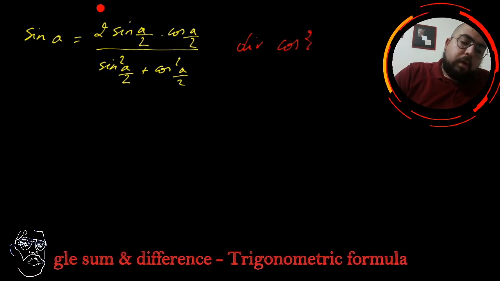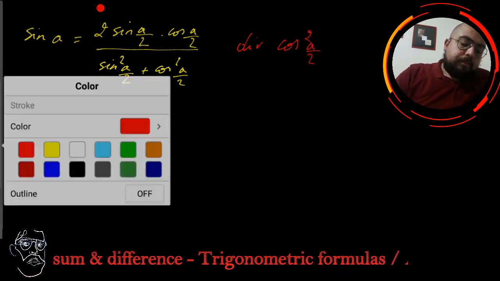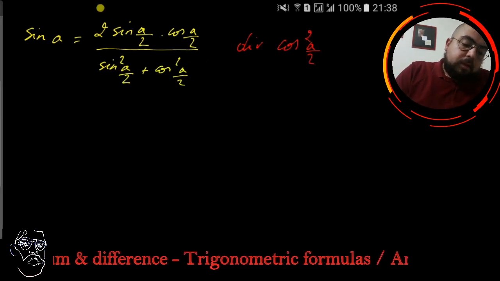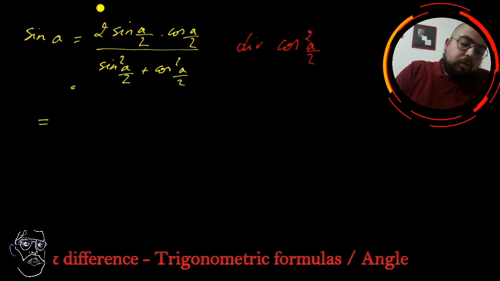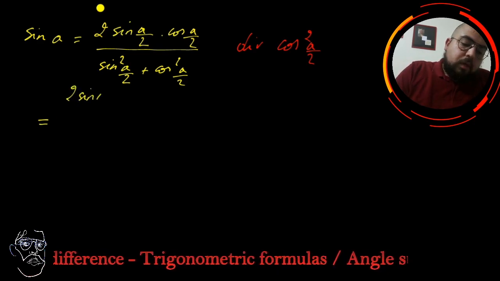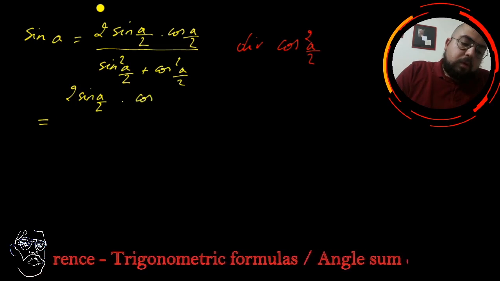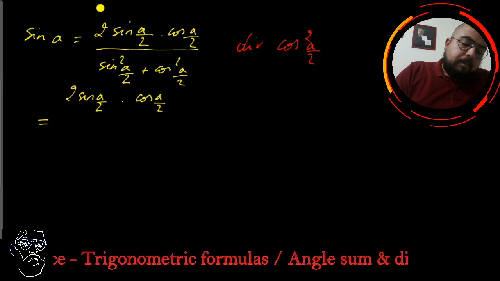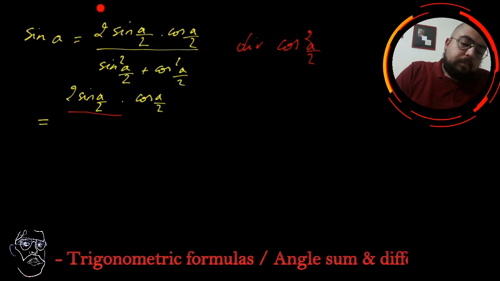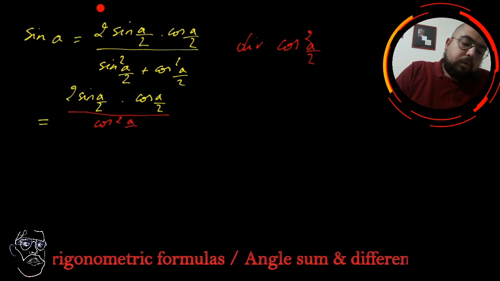What I will obtain is actually 2 sine a over 2 times cosine a over 2 divided by cosine squared a over 2.